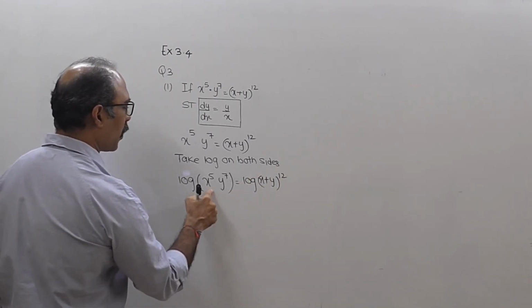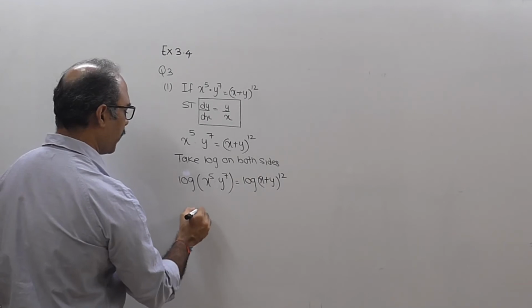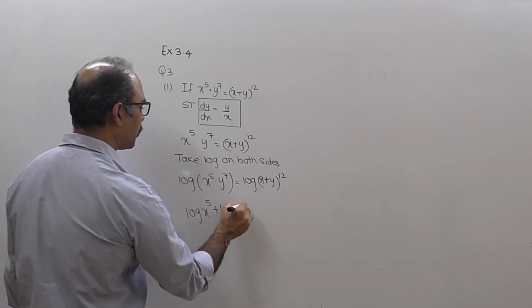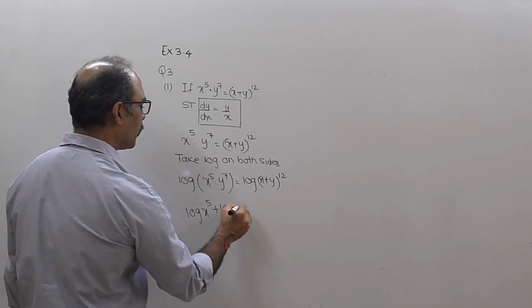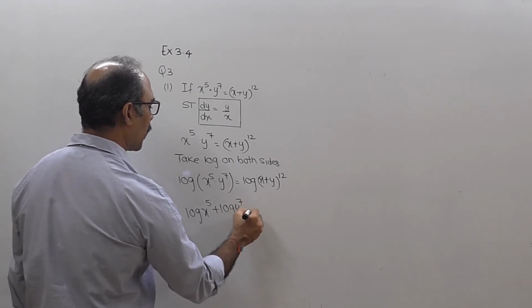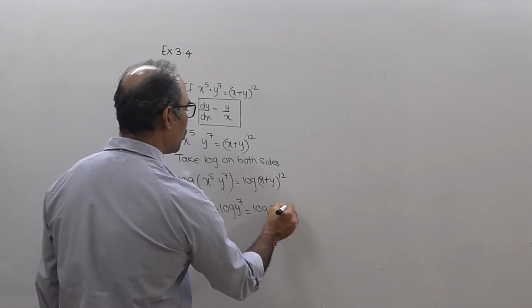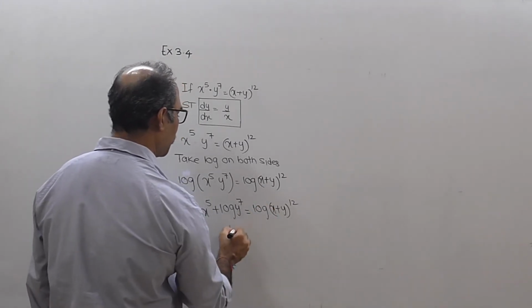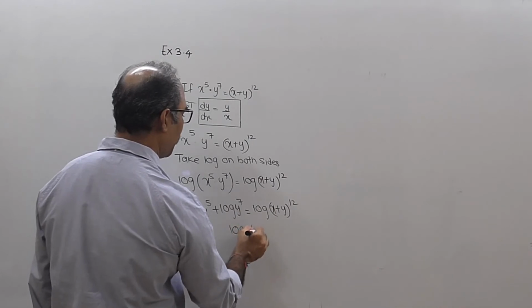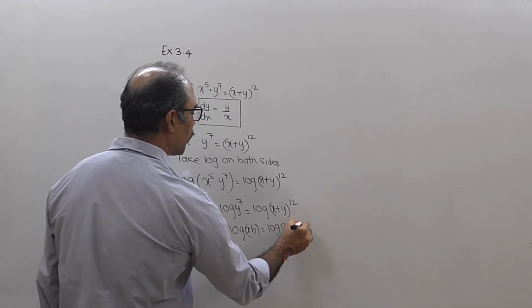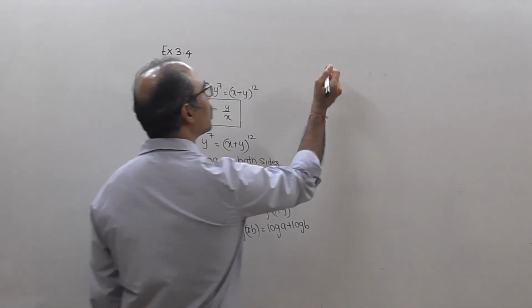This is in the form of log AB. So log of AB is log A plus log B, that is equal to log of x plus y raised to 12. The formula here is log AB equal to log A plus log B.